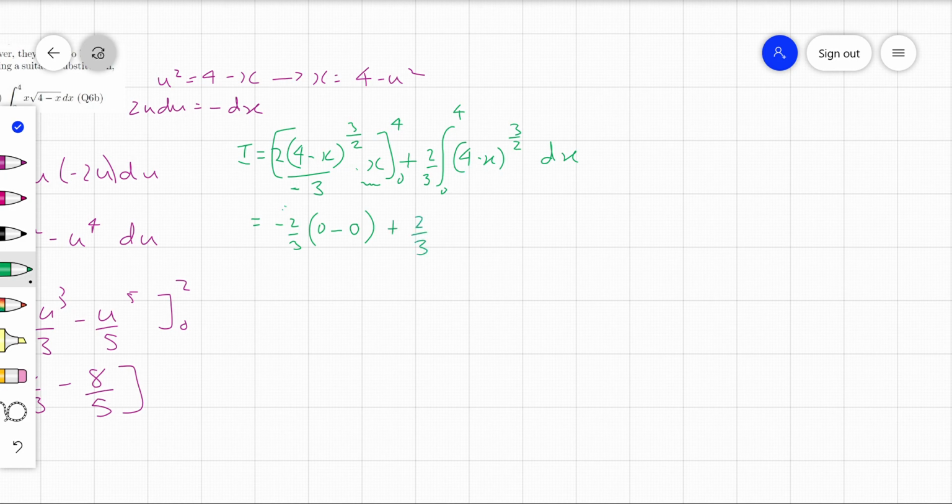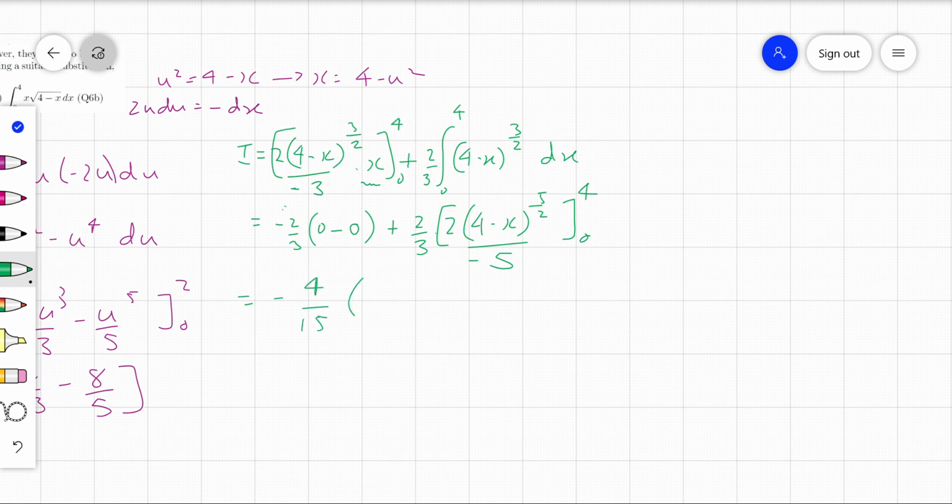So let's have a look at this one. So 4 minus x, we are adding 1 to the power. So 5 on 2 over 5 on 2, and we need a minus as well because it's a negative x in that bracket. All right, so 0 to 4. What I might do again is pull out the 2 and the minus 5, so I'm actually getting a minus 4 on 15 there.